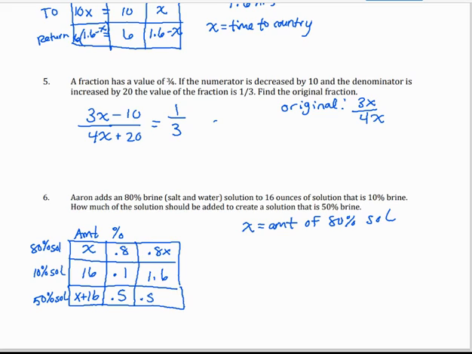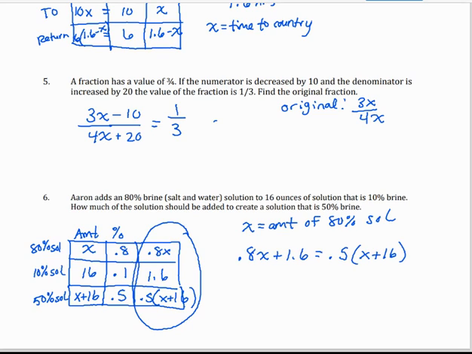And then we have 0.5 times (x plus 16). The way we find mixture problems is to always add that last column. So we'll have 0.8x plus 1.6 equals 0.5 times (x plus 16). I will let you go ahead and finish solving that.